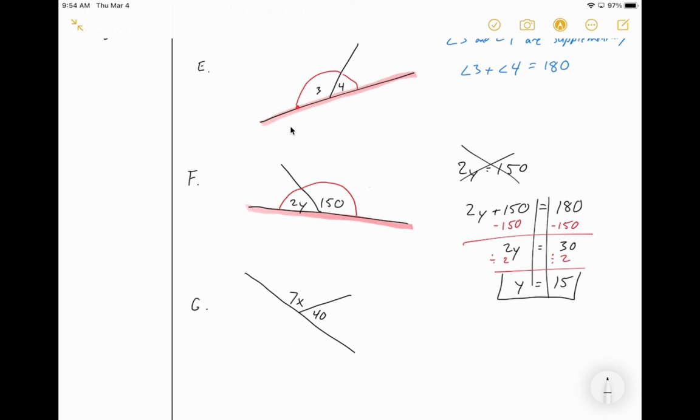Go and put in the chat. What do you think? What is x equal to here? All right, very good. Good job, Jarek. Good job, Alondra.